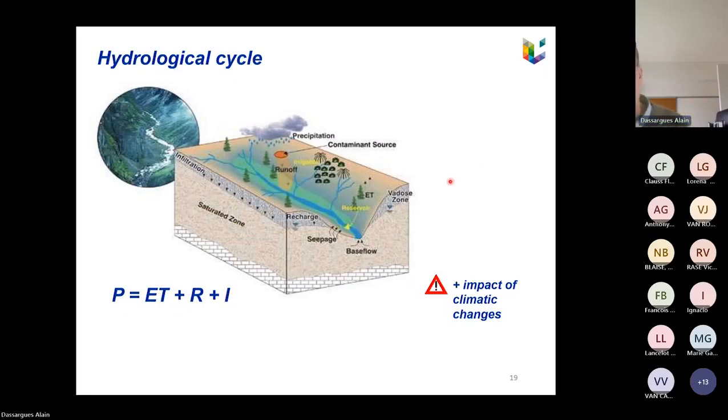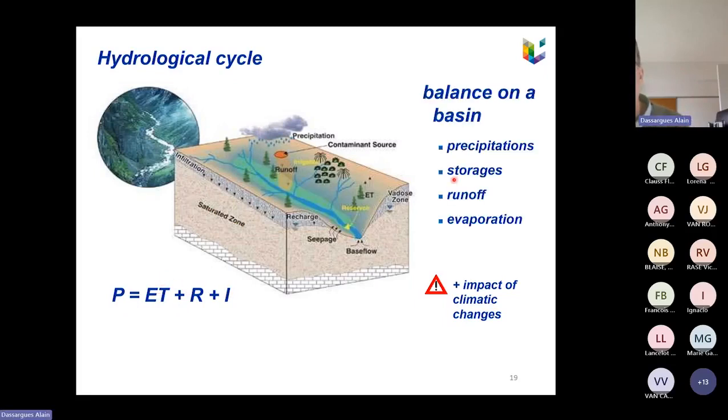If we are looking a little bit more in details, if we want to make a water balance on a basin, so we have precipitation, the P, we have storages at the surface if we have a lake, for example, storage in the underground if we have a change of level in our aquifer, and runoff, this is of course at the surface, and we have evaporation.